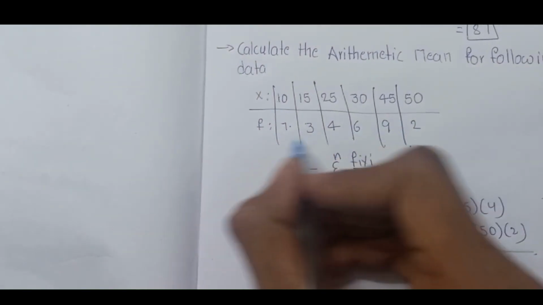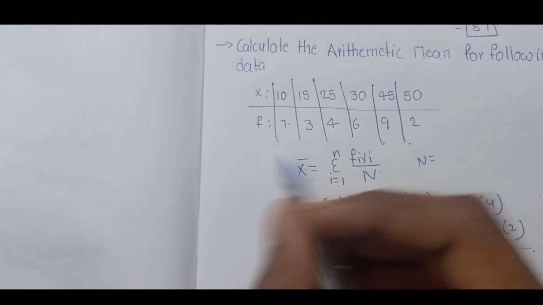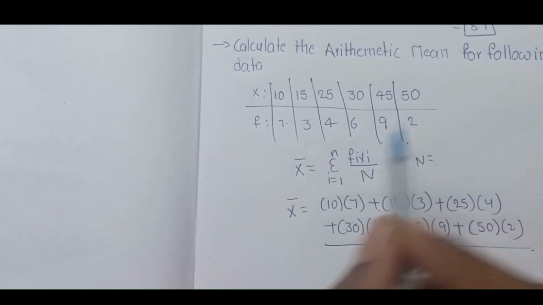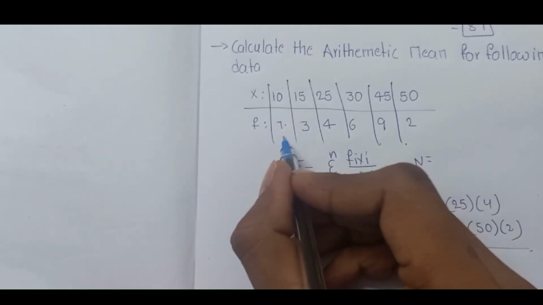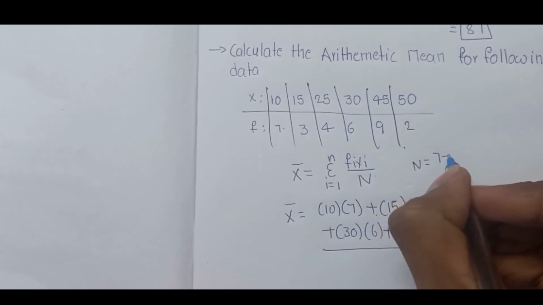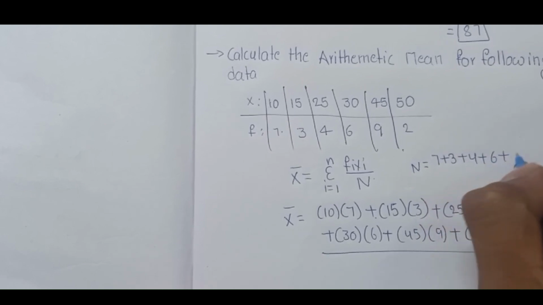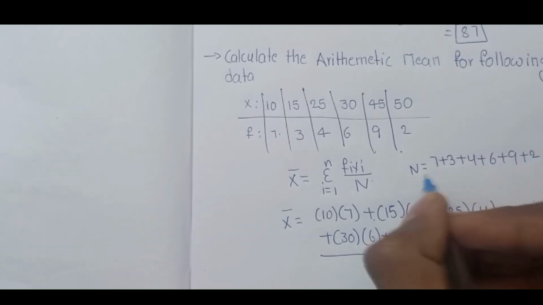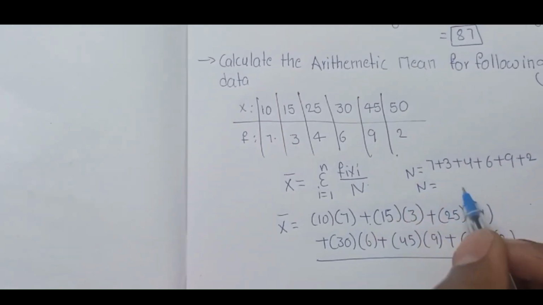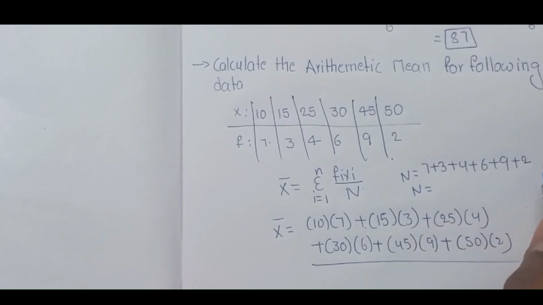Here the N value is the sum of the frequencies, like N is equal to 7 plus 3 plus 4 plus 6 plus 9 plus 2. See, the N value is given by these numbers.